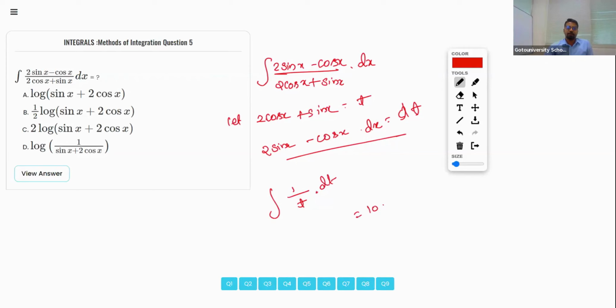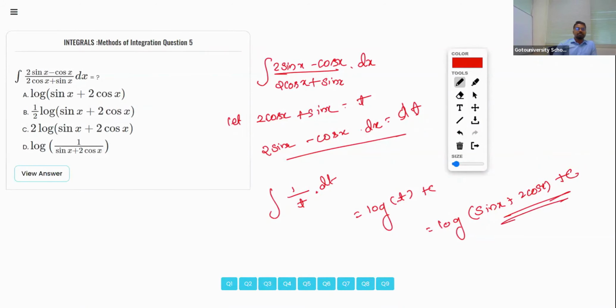So that is simply logarithm of t plus c. Simple. So which has to be logarithm of what is the assumption we did? Yes, sin x plus 2 cos x. Nothing apart from this, which is option A itself.